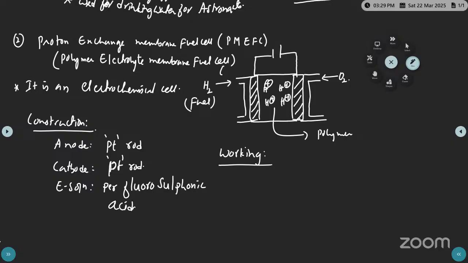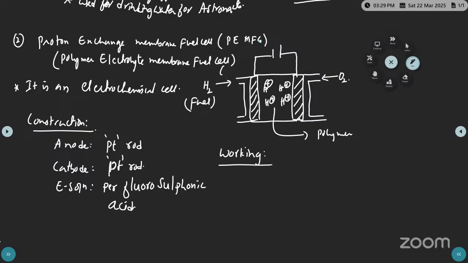It changes here also. Proton exchange membrane fuel cell, or polymer electrolyte membrane fuel cell.